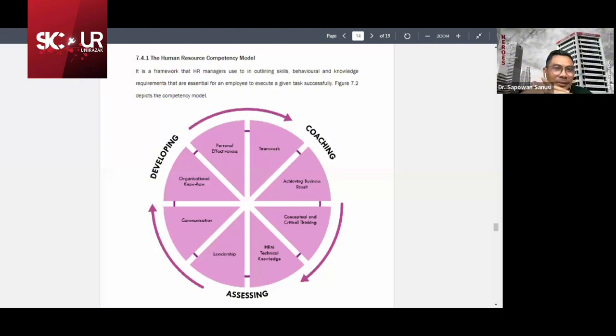Before this, I was actually one of the trainers at MARA for entrepreneurs development, and goes to the management side. How to manage your company well in terms of human resource. That's all.